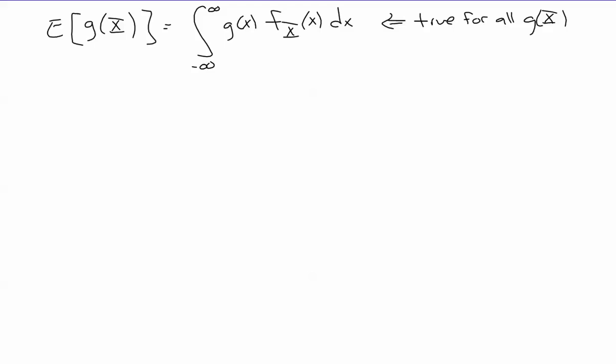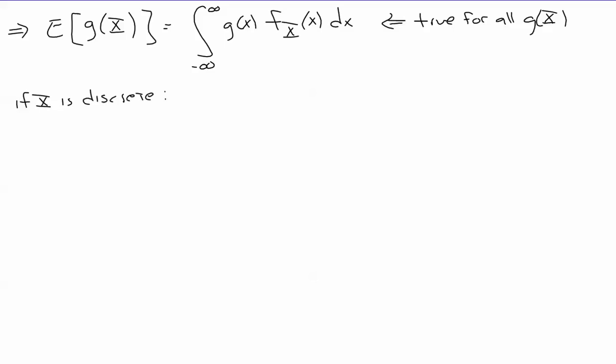All right, what happens if x rather is a discrete random variable? Let's reduce this a bit. So this is my general result. Beg your pardon. But let's look at a special case, if x is discrete.